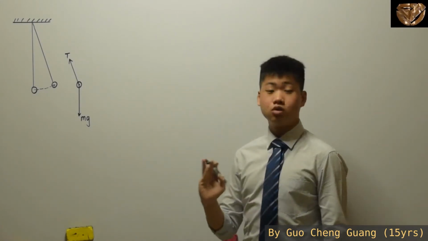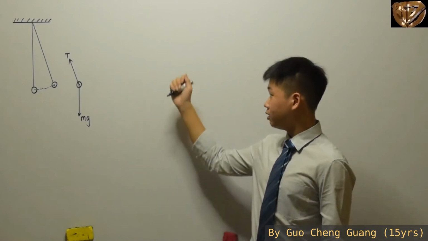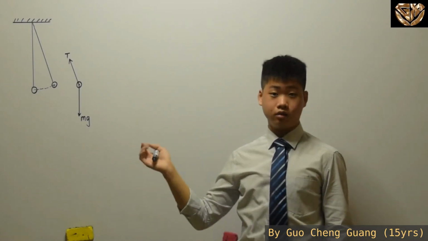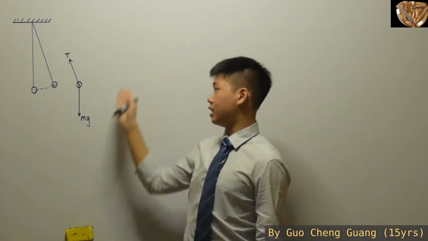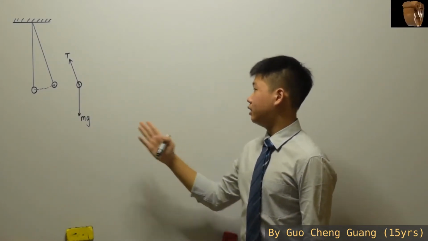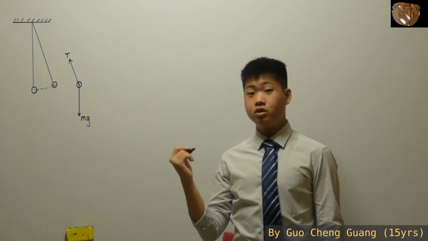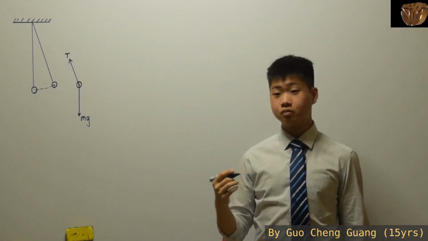Now, what are you going to do with these two? When you think about how the bob moves, it is within your arc, or at most a semicircle. So, how exactly do you think you can separate these two into their components? Which do you have to separate into components, and which do you not have to?